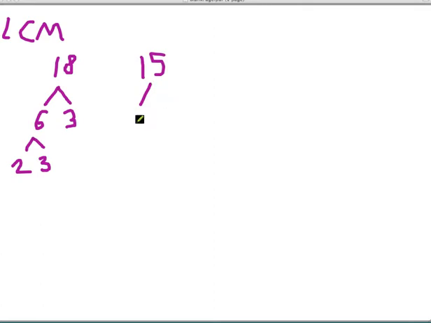15, just one step here, right? 5 and 3 is our prime factorization of 15. So now we have our prime factorization for these two numbers.